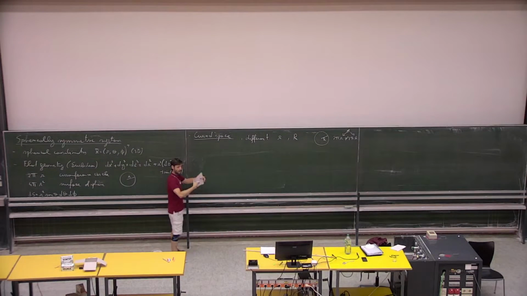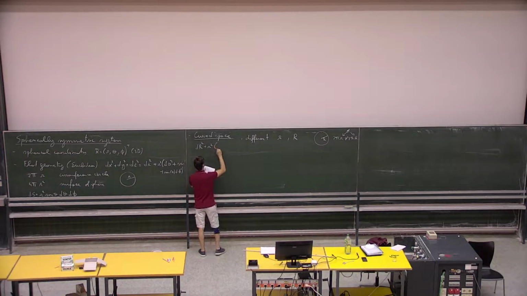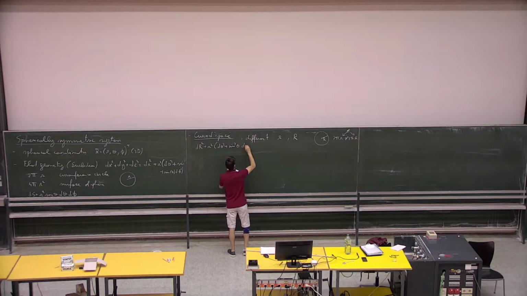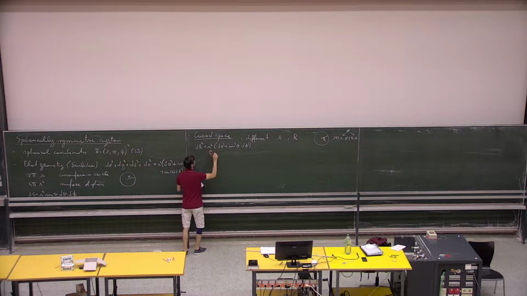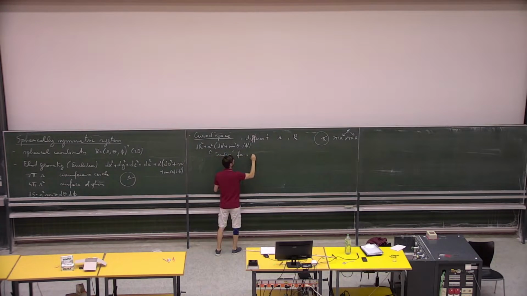And that's because we are living now in a curved space-time, and the geometry behaves differently. Therefore, we can now use dr squared plus r squared, again the three-dimensional part only, d theta squared plus sine squared of theta d phi squared. So this is a, I don't know how to call it, radius, but let's call it radius for a fixed r.